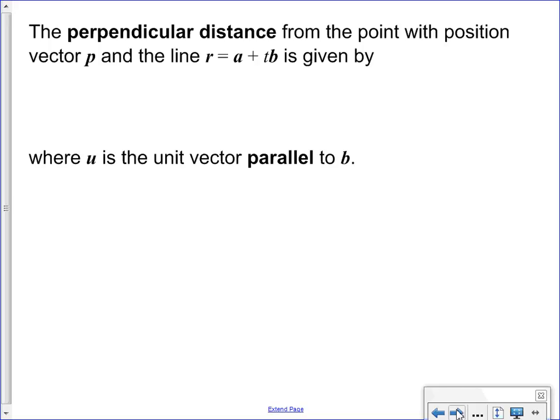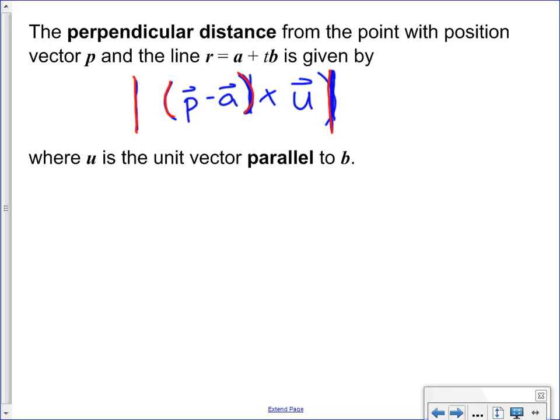Perpendicular distance from a given point with position vector P to the line r = A + tB is given by the magnitude of P minus A, crossed with B, divided by the magnitude of B. Just take whatever B is and make it the B vector. Okay, all right, let's practice.